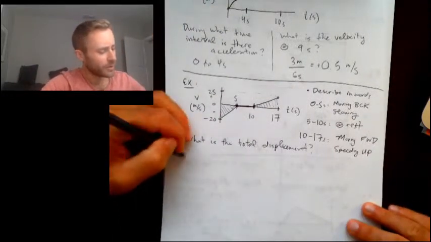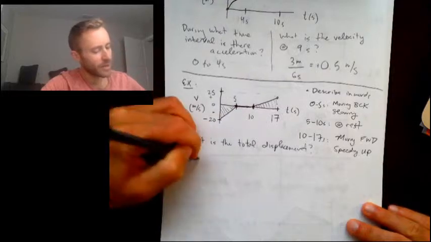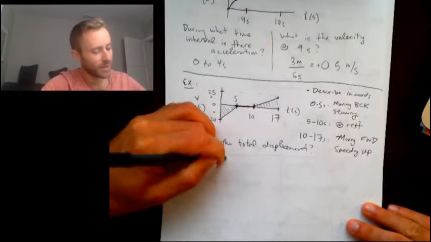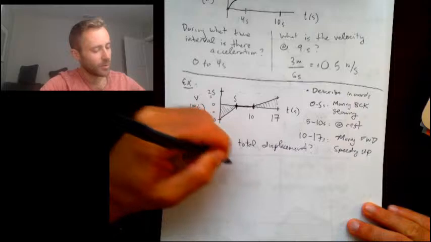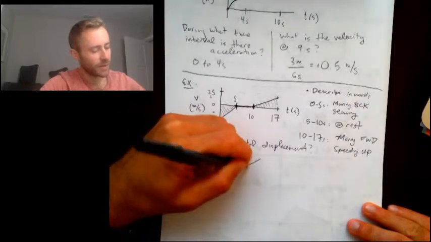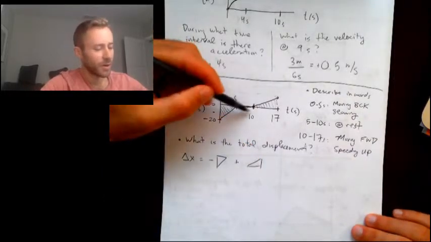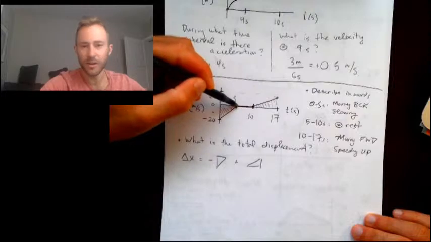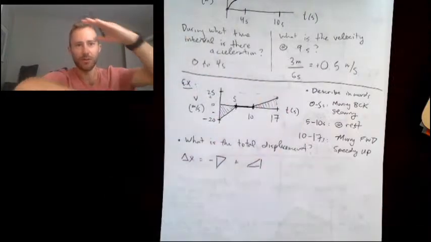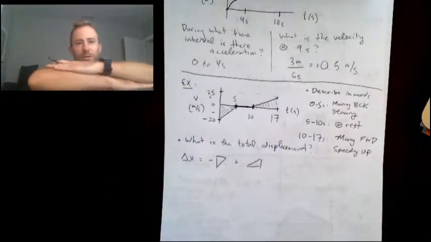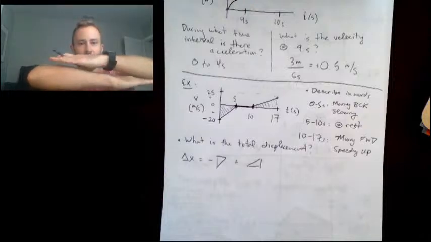So basically, to get my delta x, I'm going to have minus the area of that triangle plus the area of that triangle. Now, this spot right here has no area under the curve because the graph and the horizontal axis coincide, so there's no area between those.